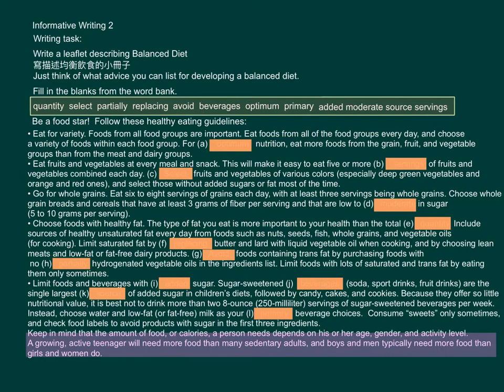Keep in mind that the amount of food or calories a person needs depends on his age, gender, and activity level. A growing, active teenager will need more food than many sedentary adults, and boys and men typically need more food than girls and women do.